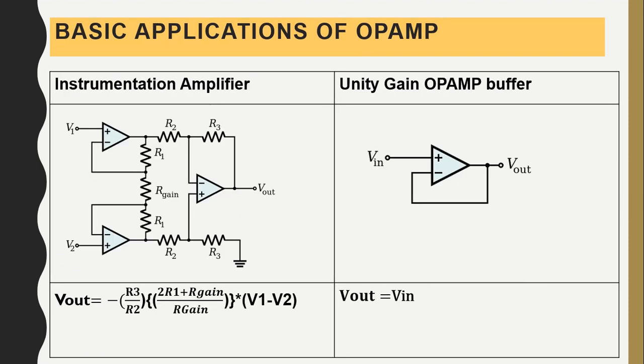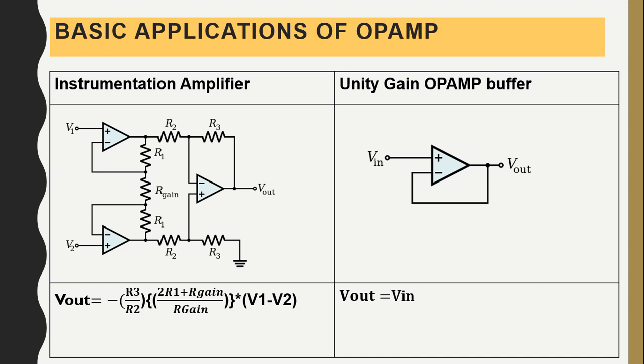Basically, these instrumentation amplifiers are used where high gain is needed, especially in the case of pressure sensors, where the sensing voltage is in terms of millivolt or microvolt. In those applications, these instrumentation amplifiers are used. Of course, it is costlier, but it will definitely be better than a differential amplifier. It will give better results.